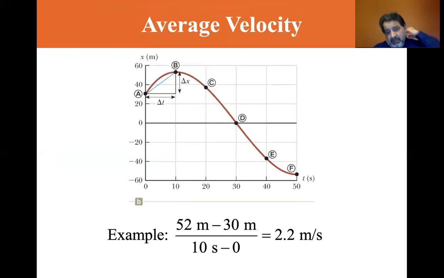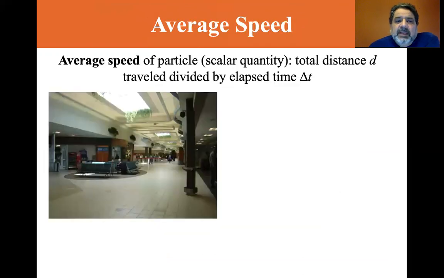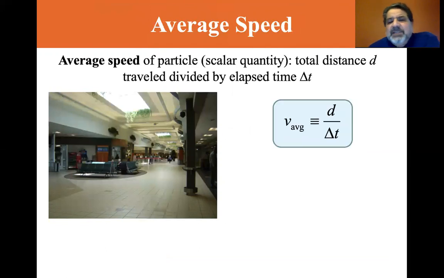So for example, 52 meters minus 30 meters is 22, and it's a 10-second interval, so 22 divided by 10 is 2.2 meters per second. Now the average speed of a particle is a scalar quantity: the total distance traveled divided by the elapsed time.